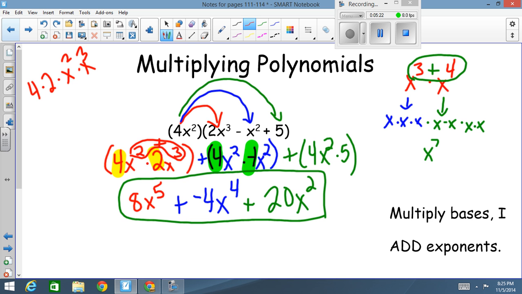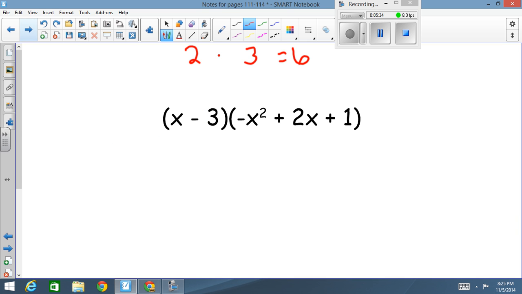On the last example, it was a 1 term times a 3 term. So once I got done, see how I have 3 terms here? 1, 2, 3 terms. On this one, I should have 6. Now, I may simplify after that, but after initial multiplication, I should have 6.